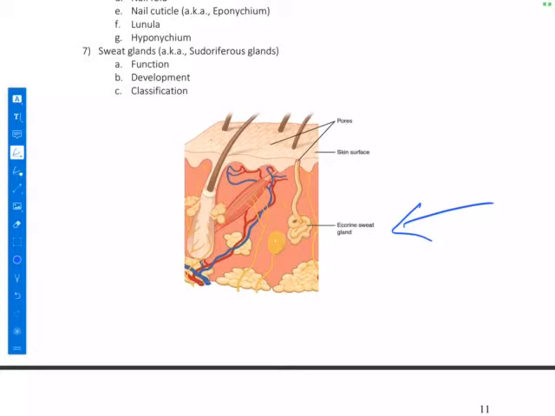And merocrine glands secrete by exocytosis through a duct. And that's exactly what this eccrine sweat gland is. You can call it eccrine or merocrine, but it secretes by exocytosis through a duct without actually affecting the gland cells.